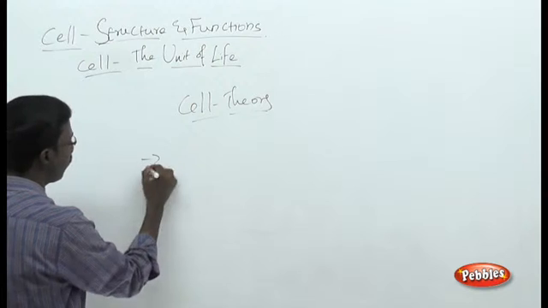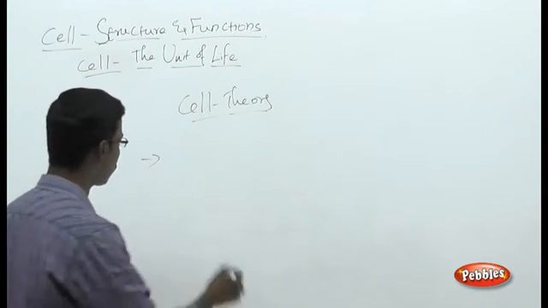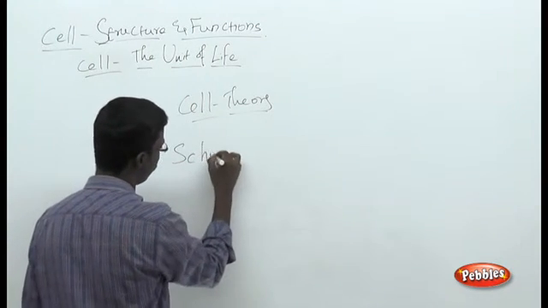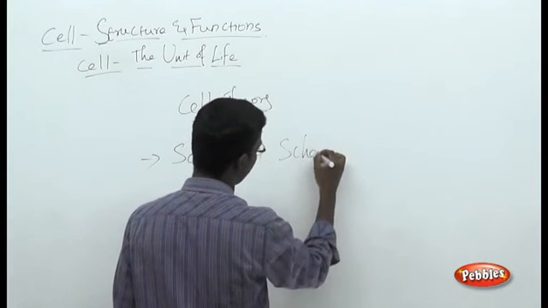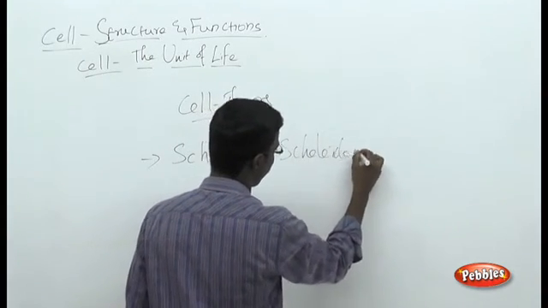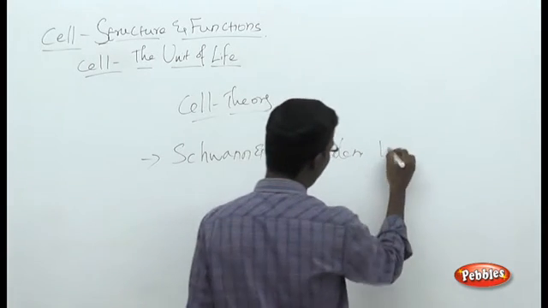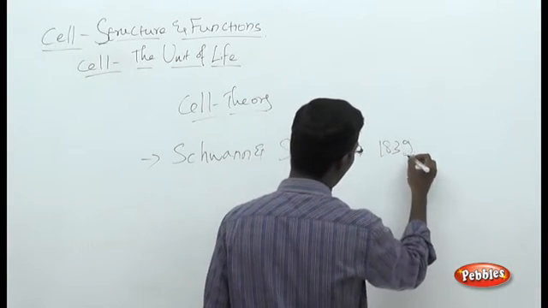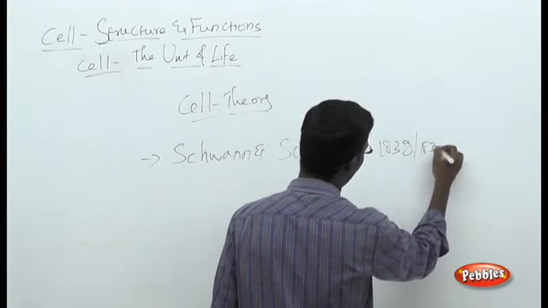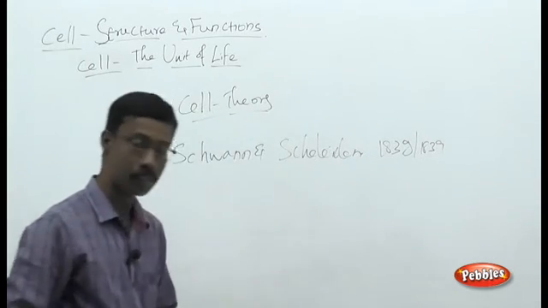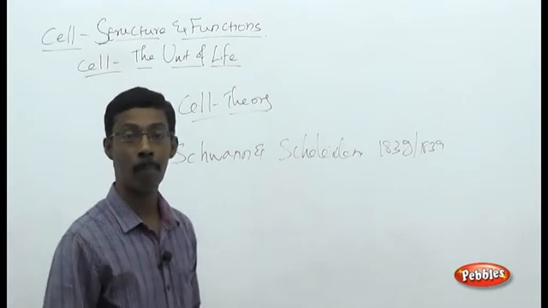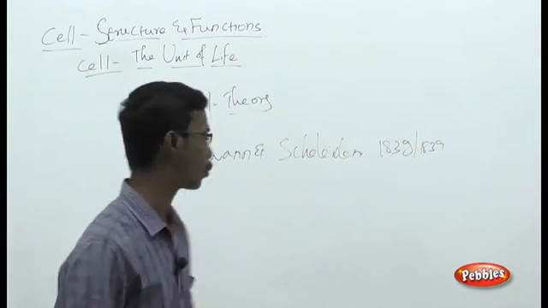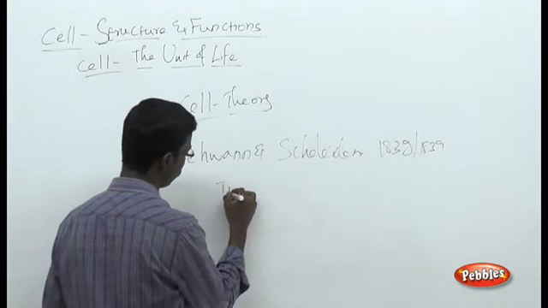Okay, so the cell theory starts with 2 major scientists, Theodor Schwann and Schleiden. In 1838 and 39 they discovered the structures called the cells. Both of them studied the plant and animal tissues. So what are tissues?